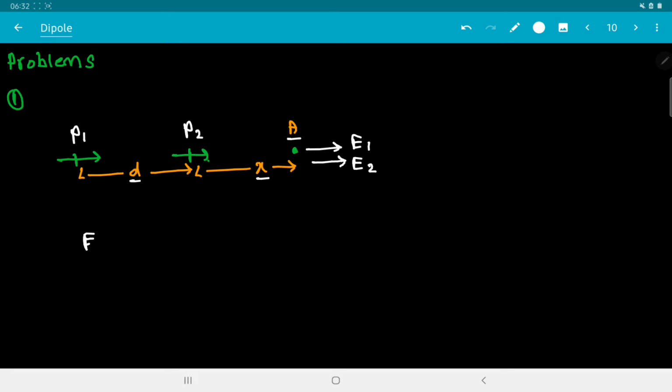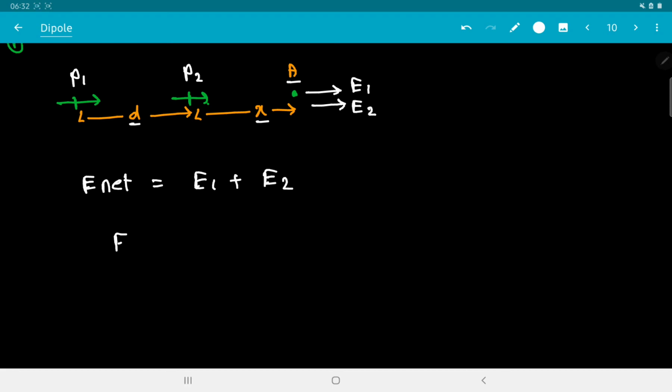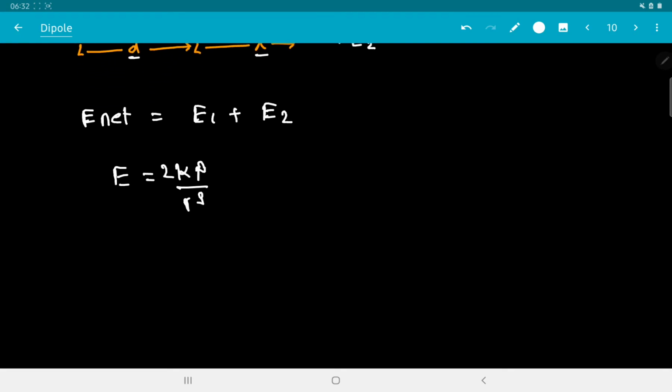So the net electric field here will be just the addition of E1 plus E2. For axial points we have seen that the electric field is 2Kp divided by r cube. So we can just put these values: 2Kp1 by r cube, and 2Kp2 by r cube.